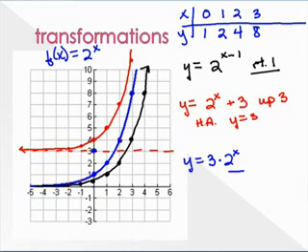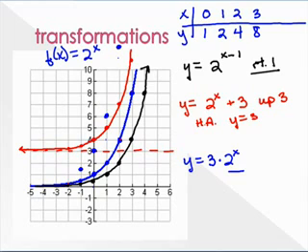This point here, that's 1, 2, we take the y value, 2 times 3. So 2 times 3 gives you 6. So we're going to be up at 6. So we're stretching it vertically by 3. The point here, 2, 4, we take the 4 times 3. So now it's at 12. The point that was here at negative 1, 1/2, 1/2 times 3 is 3 halves, or 1.5.